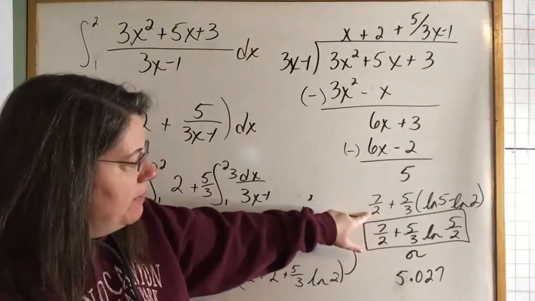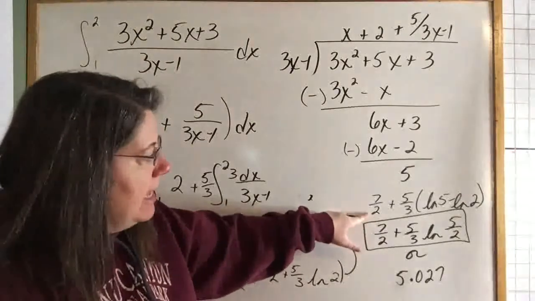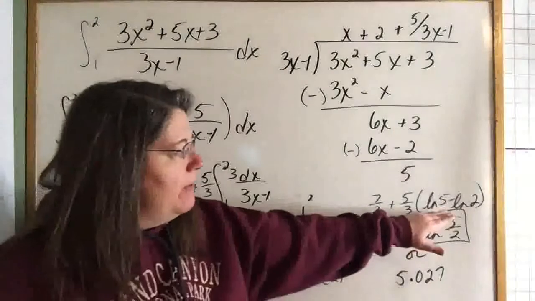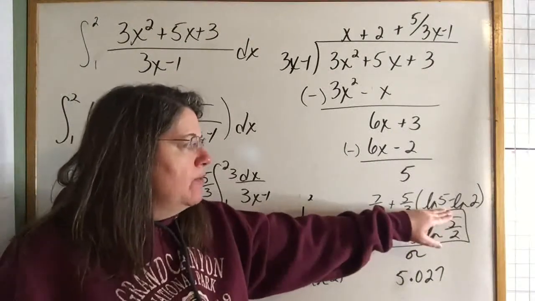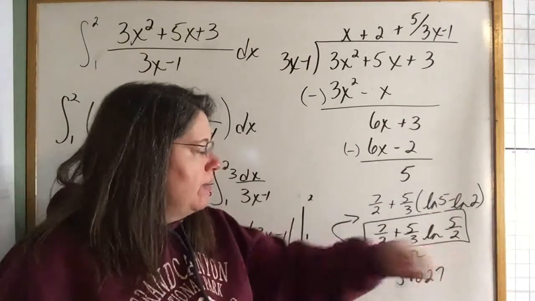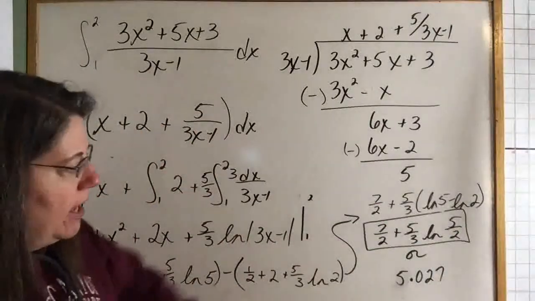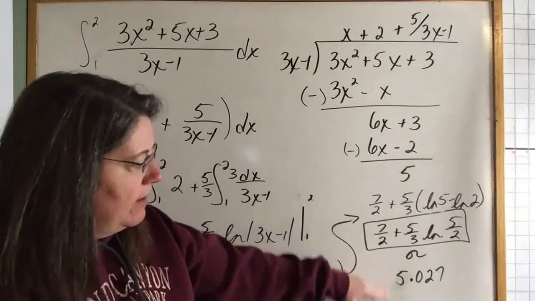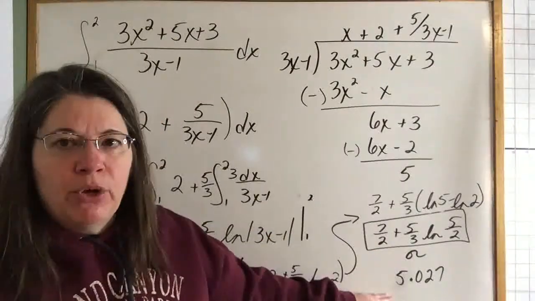So that ended up being 7/2. And then I took the two natural log parts and put them together. They both had a 5/3 in front, and then it was natural log 5 minus natural log of 2, and I rewrote that using my properties for natural logs. And so that gives me 7/2 plus 5/3 natural log of 5/2, and that is 5.027.